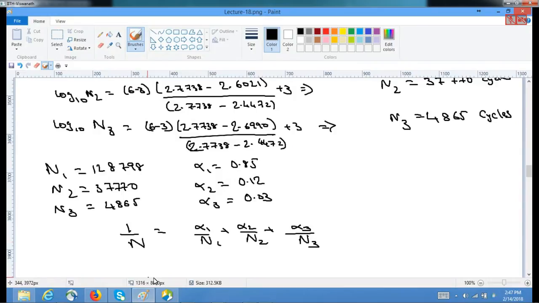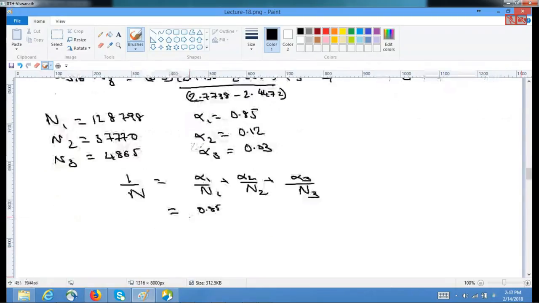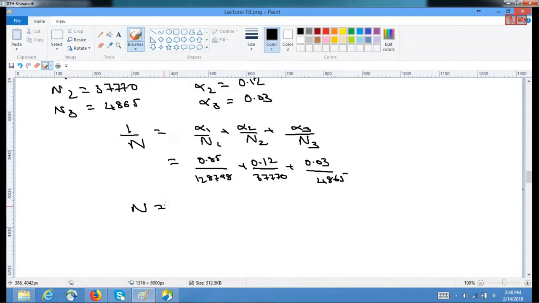So that is 0.85 divided by 128798 plus 0.12 by 3703 divided by 4865, which is equal to 62,723 cycles.